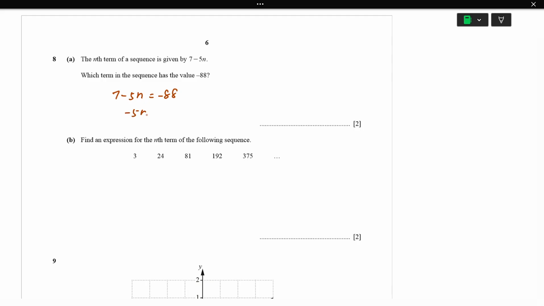So minus 5n equal to minus 88 minus 7, minus 5n equal to minus 95. Both sides are negative, so when we multiply by a negative, both sides become positive. So 5n equal to 95, so n equal to 95 over 5, which is equal to 19. So 19 is the answer here, the 19th term.